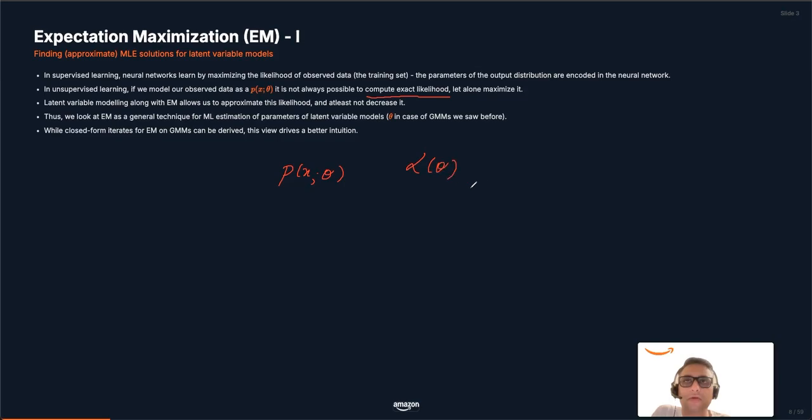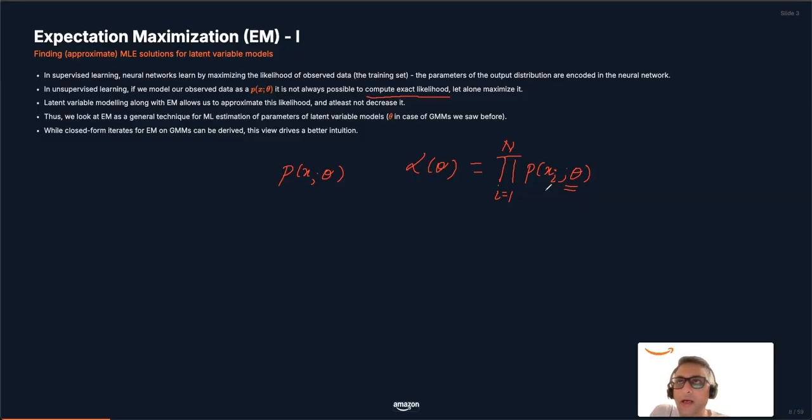Your likelihood of theta is a function of theta. It is going to be the product over i equal to 1 to n of P of x_i given theta. What I've done here is assume that there is some P which is parameterized by these parameters theta, for example a Gaussian mixture model with some means, variances, and weights.